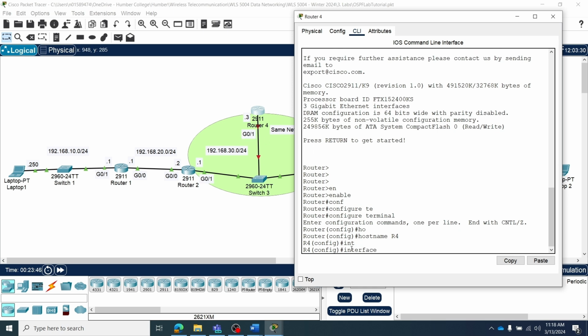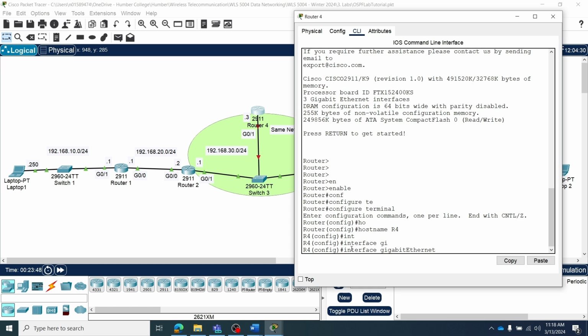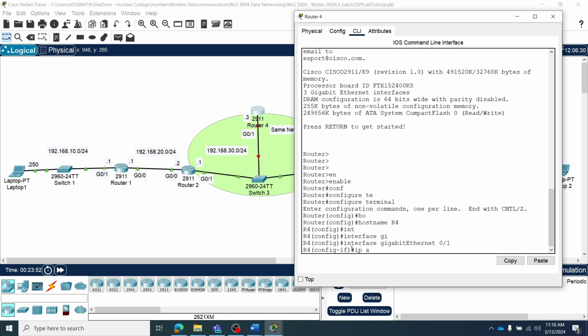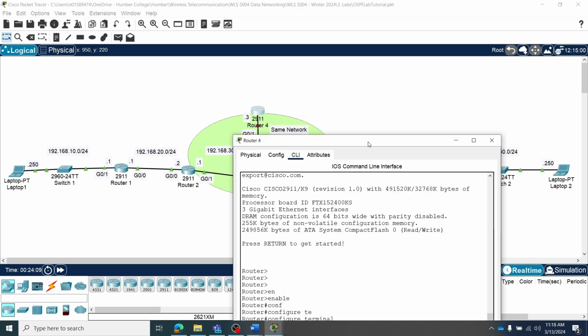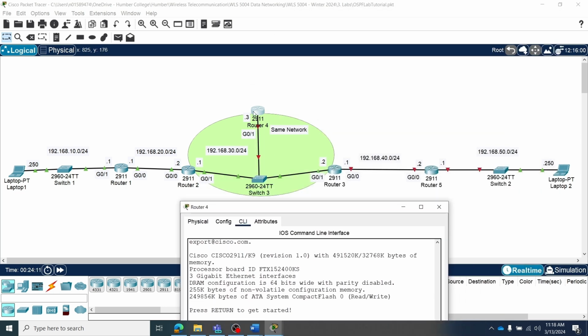Interface gigabit Ethernet 0/1, IP address 192.168.30.3. So router 2 is 1, router 3 is 2, and router 4 is 3.